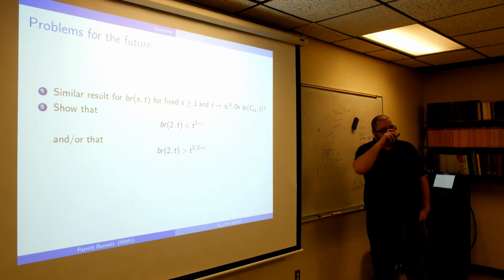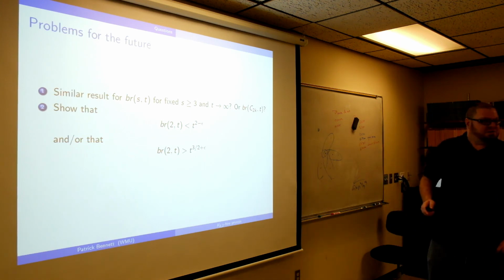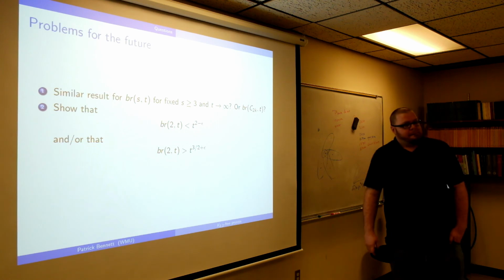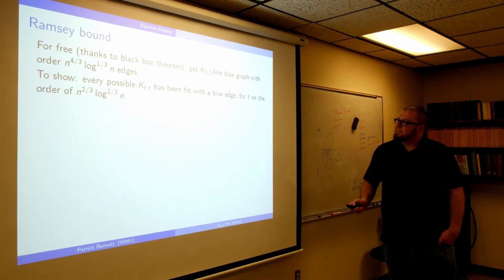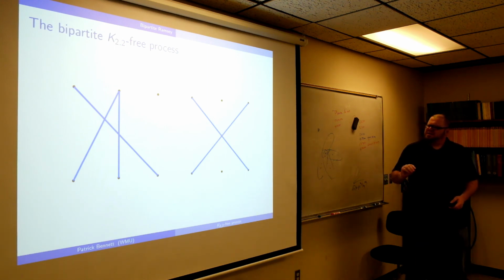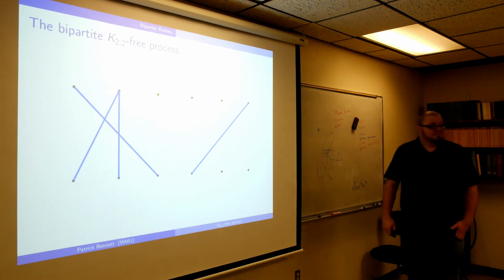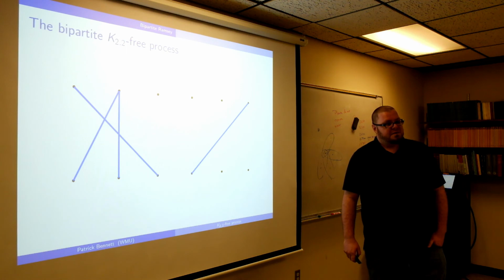So what do these extremal graphs look like? Which extremal graphs? The K2T free colorings. You're looking for the smallest n where the KST exists, right?